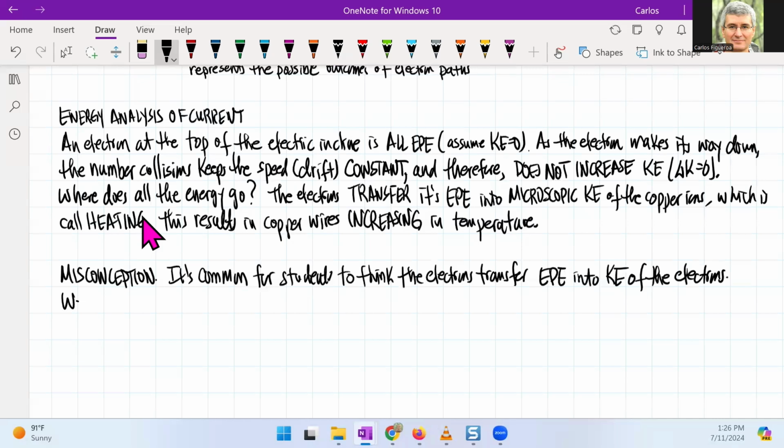Well, that's simply not true, since the change in kinetic energy is zero.